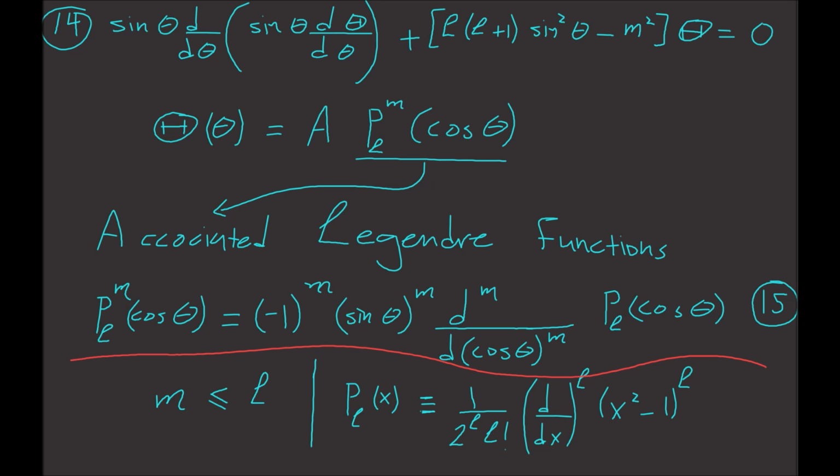Let's take a look at the first few terms of the associated Legendre polynomials. We have P of 0 and 0, where L is 0 and M is 0, of cosine of theta. This gives you 1. Now you have P, well, L is 1 and M is 0, of cosine of theta. This equals cosine of theta.